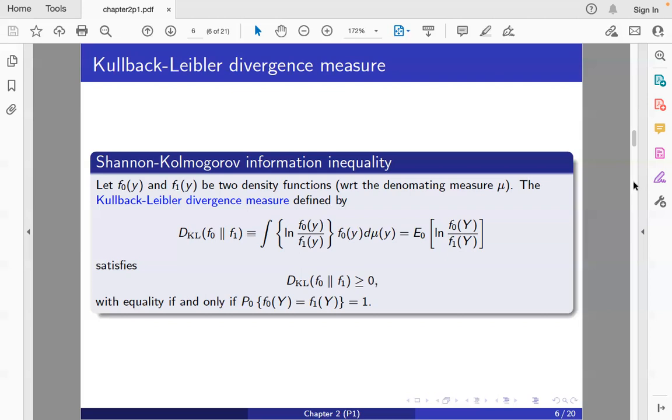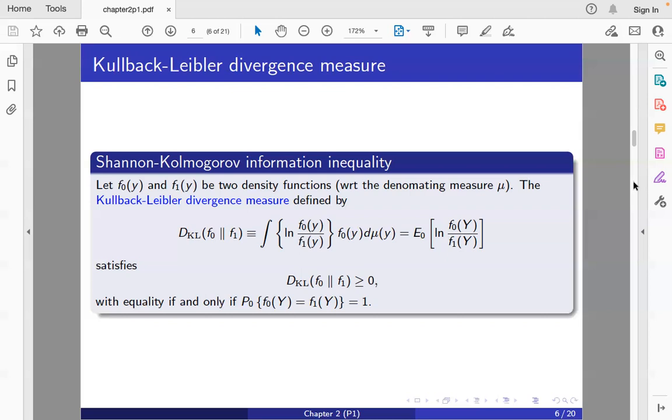And the convention is okay. So the concept is we want to express this probability as an integration, regardless of whether it is a discrete random variable or a continuous random variable.